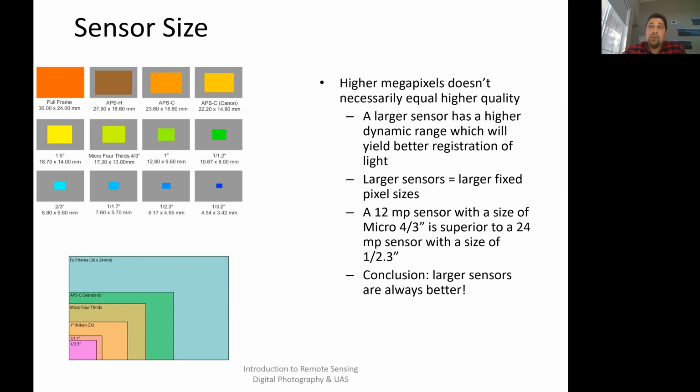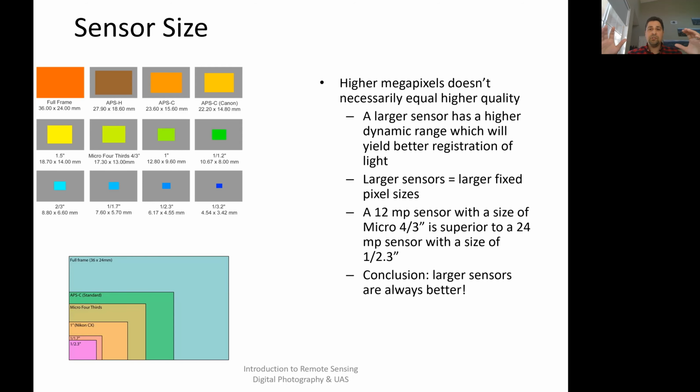You're talking about how light is registered with this sensor, the thing we talked about a few slides ago. Anyways, what I'm trying to say is that the more light that can essentially be registered, the better the output is going to be. I mean, physically, it's going to look like a cleaner, crisper output.